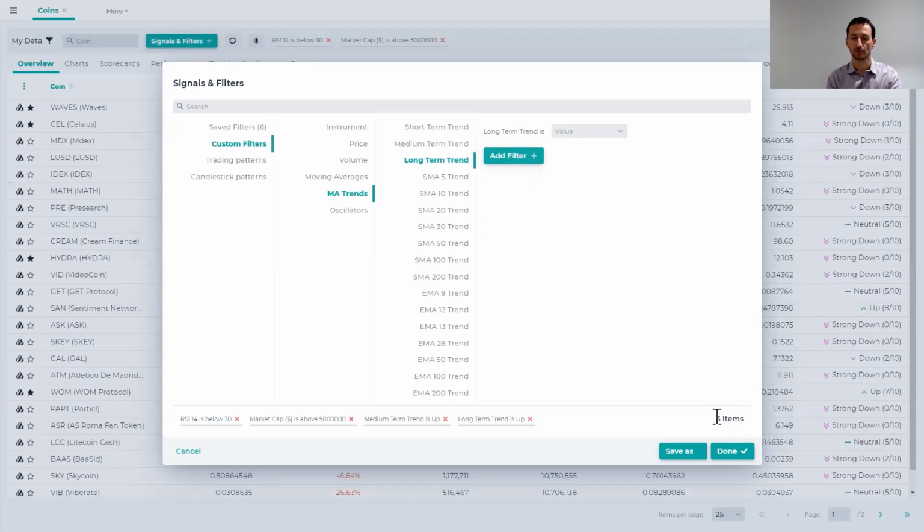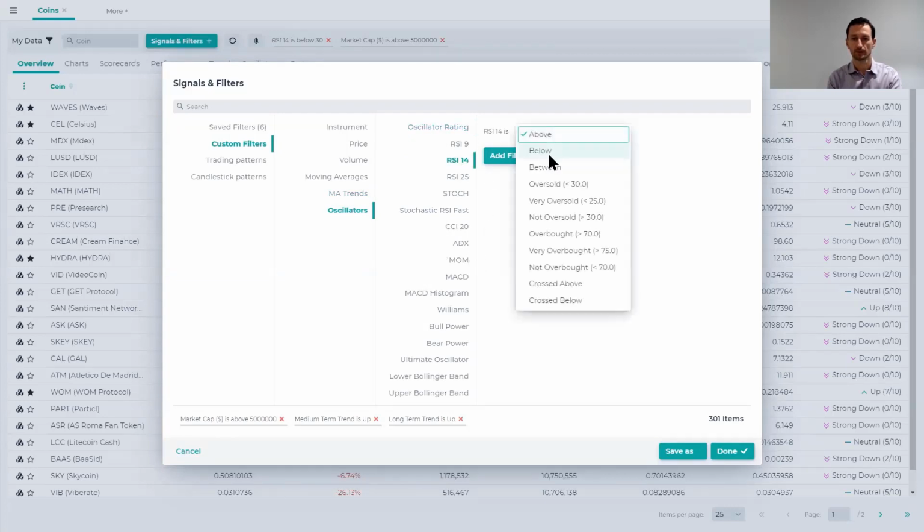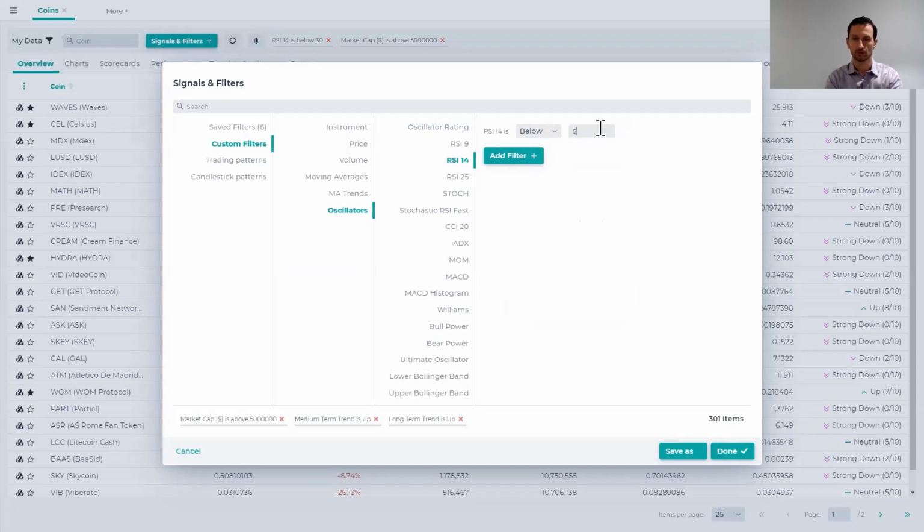Wow, we're down to 3. Okay, so this is what I'm talking about. Coins that are in an uptrend rarely dip as low as 30 or below. So we're going to relax this, and the RSI below 30, I'm going to replace with RSI below 40. Below 40.